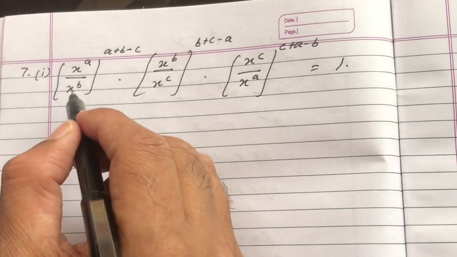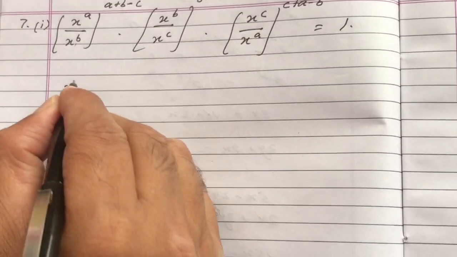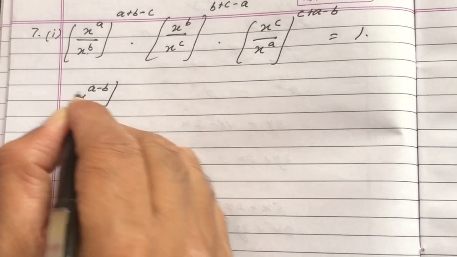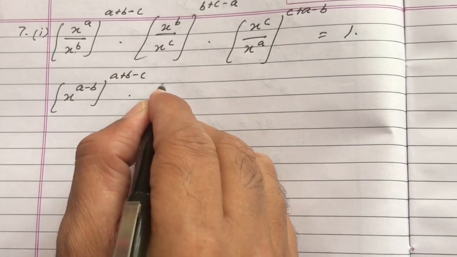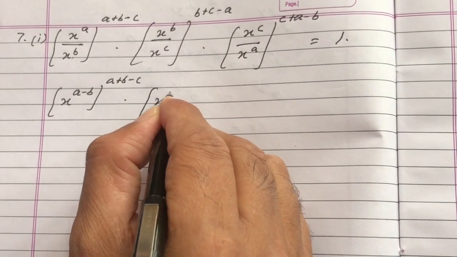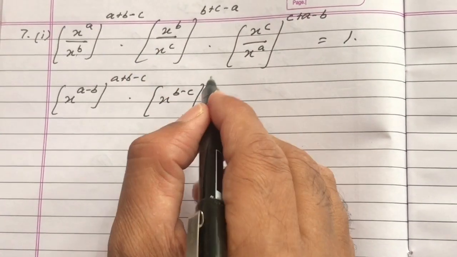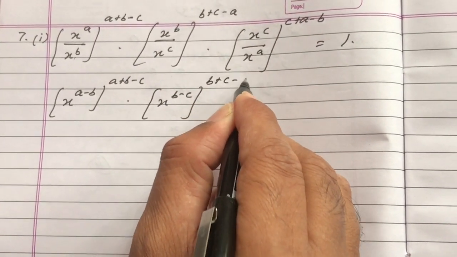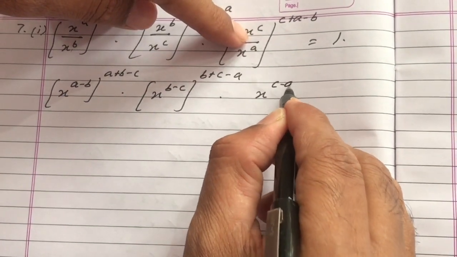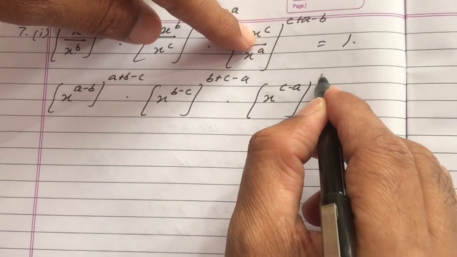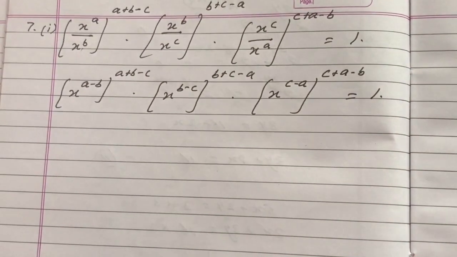So this b will get negative there. x raised to power a minus b, a plus b minus c, then x raised to power b minus c. This c will get subtracted there because division sign is there. b plus c minus a, x raised to power c minus a, raised to power c plus a minus b equal to 1.